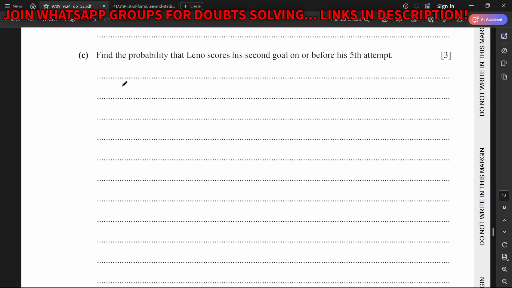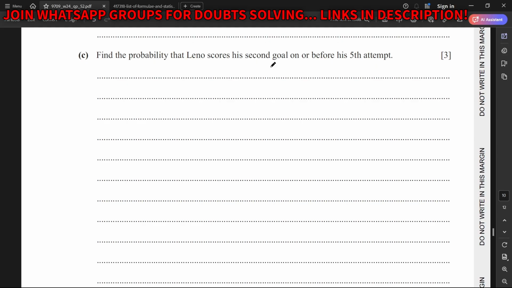For part C, it is given that find the probability that Leno scores his second goal on or before his 5th attempt. So on the 5th attempt or all the previous attempts, whatever is the attempt that we are looking forward to up till 5th attempt, the last attempt will always be a goal. That is the second goal.